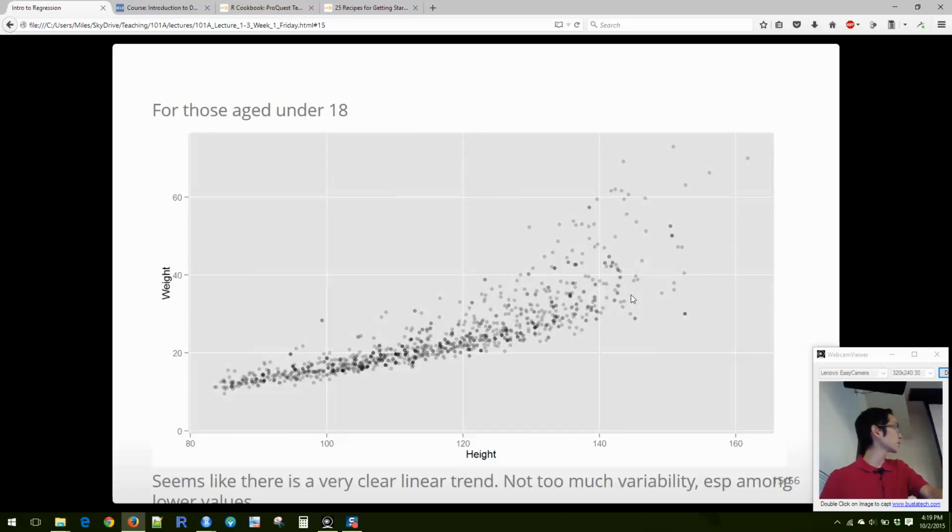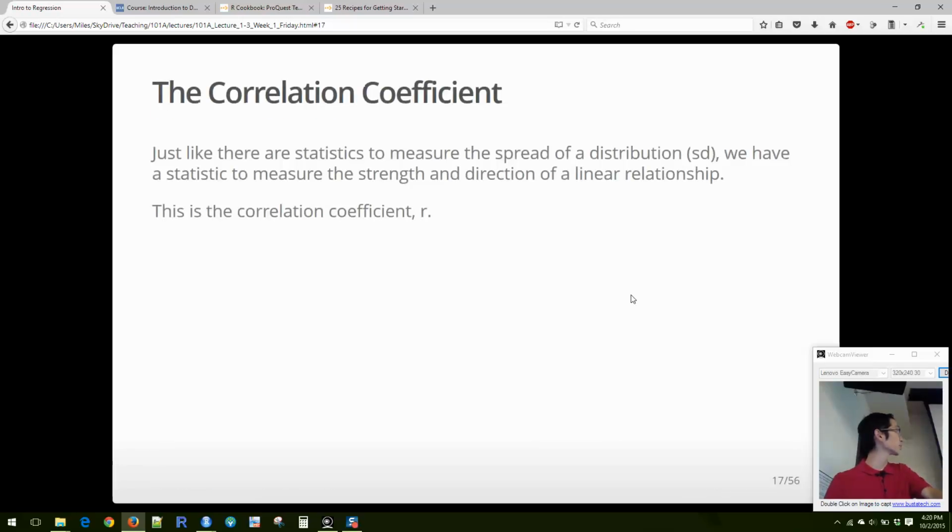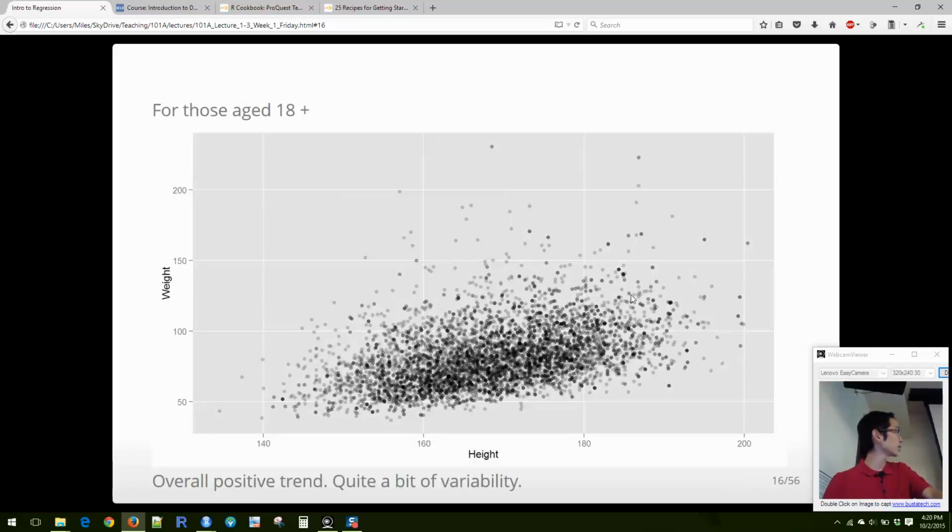So I just did a filter and said, let me look at people under age 18, and we see a pretty strong, I would say, linear trend overall. And then for those over 18, at least this cloud seems like there is some kind of positive trend, but there is a lot of scatter, right?